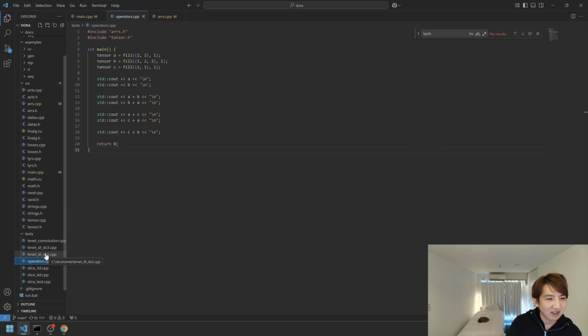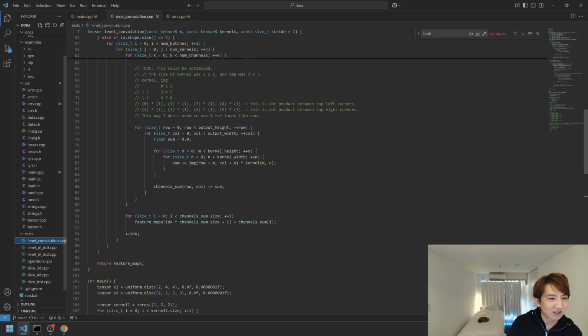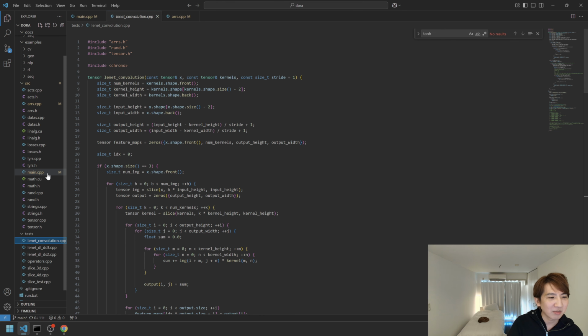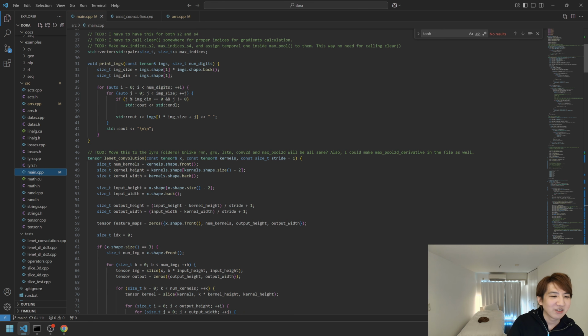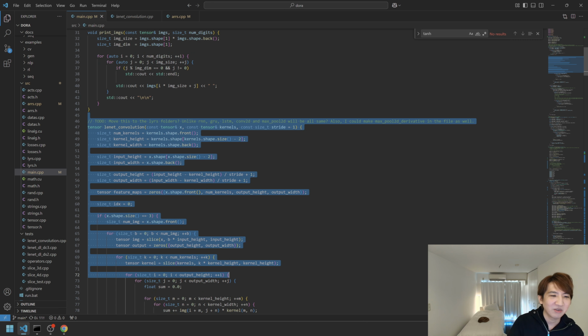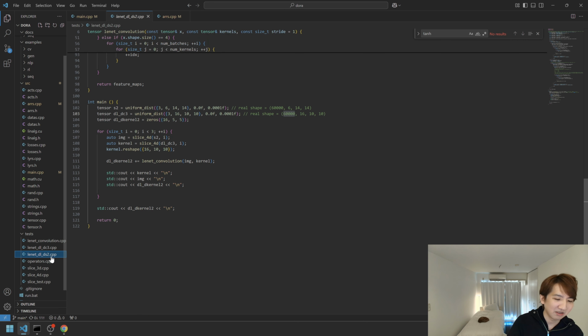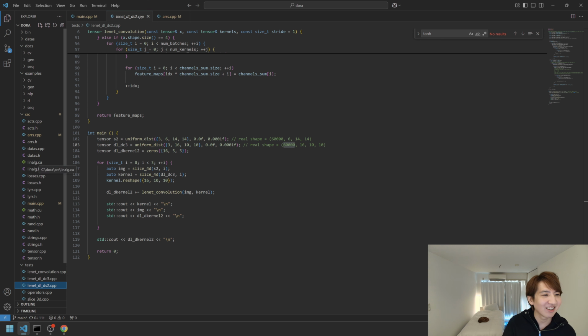So as you can see, I started making tests because this convolution and max pooling could be used for other datasets other than MNIST. And these are pretty complex functions, so I have to test to make sure that things are working correctly. It's pretty common to make tests, but I didn't really like the idea, which is also absurd.